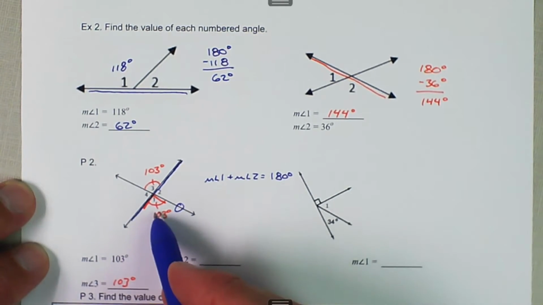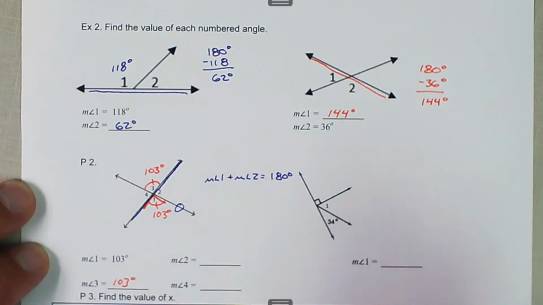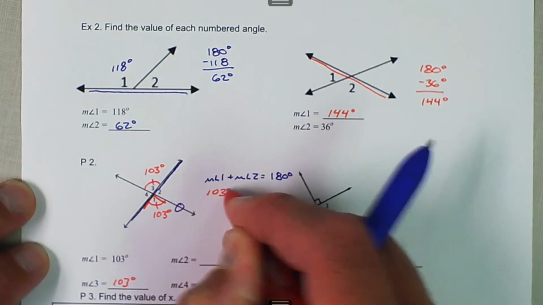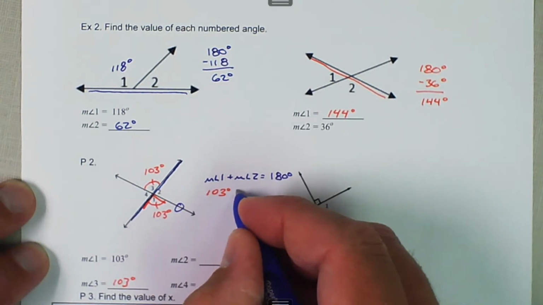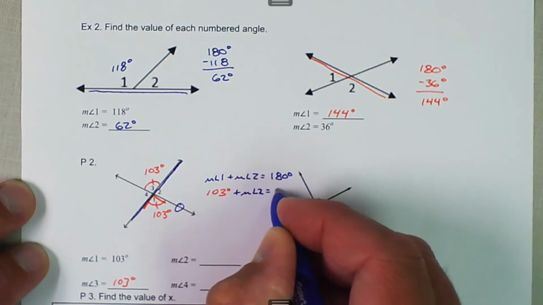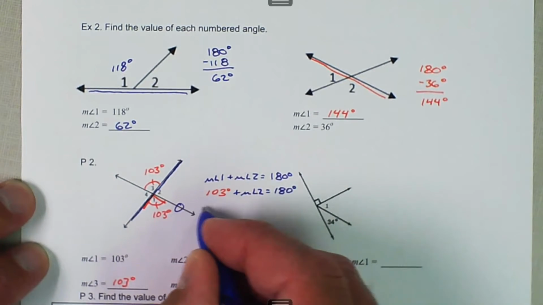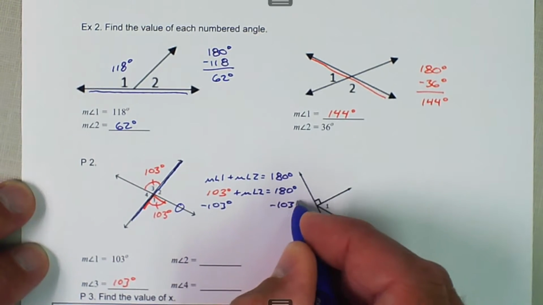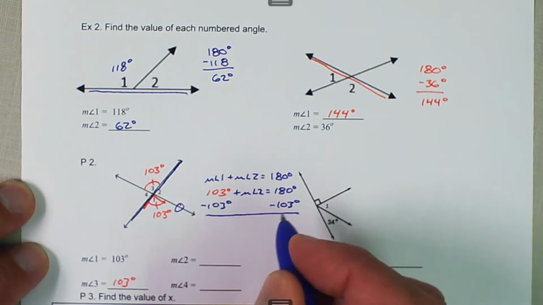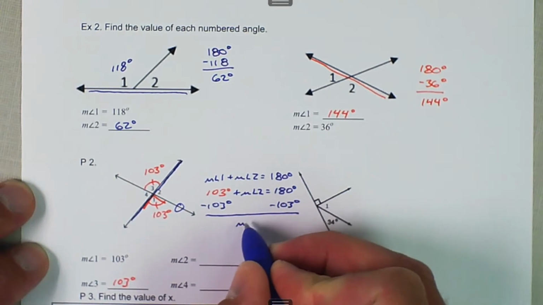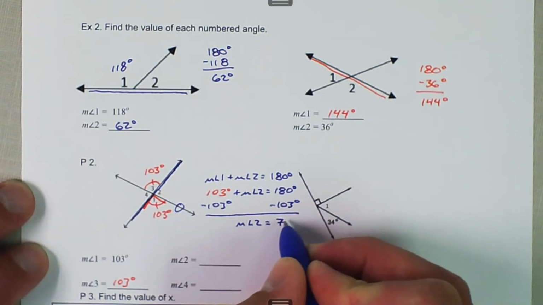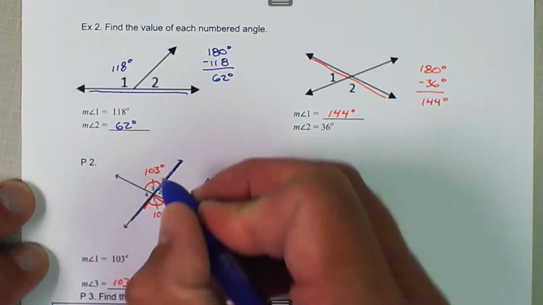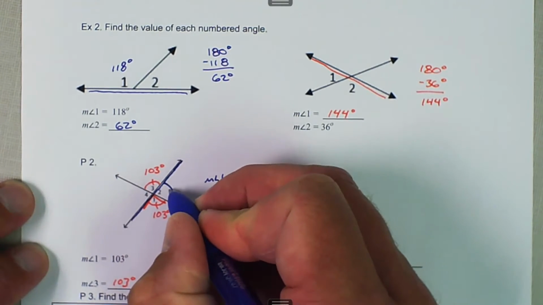If we sub those values in, the measure of angle 1 is 103 degrees, and the measure of angle 2 is equal to 180 minus 103 degrees. Then we get the measure of angle 2 is equal to 77 degrees. So that's the measure of angle 2, which is right there.